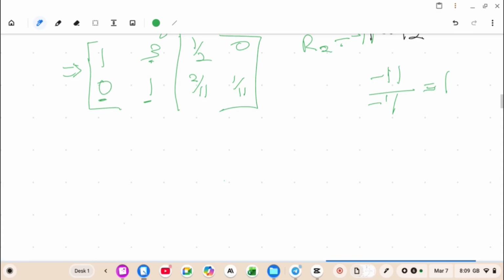And the reason why we change the negative 11 on the second row to be 1 first before we work on the 3, is that when we are subtracting 3 by 3, we can multiply it by something. That thing's supposed to be 1. Because aside 1, there's nothing that you can multiply by 3 that you get the same number. So that's why we worked on this 1 first, so that we can have 1 here.